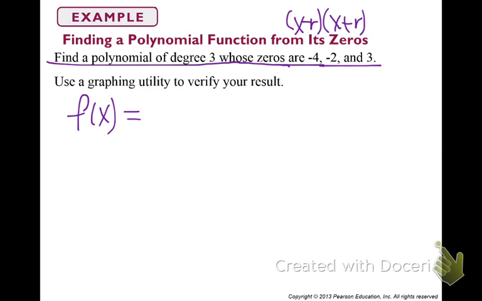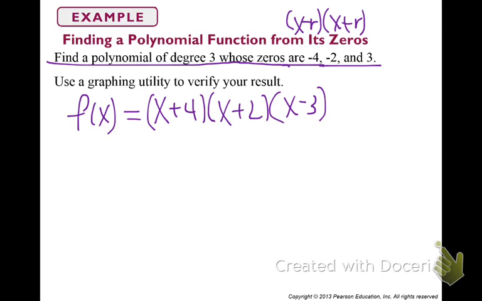So if we have a zero that's negative 4 inside our binomial, we're going to have x what? Plus 4. If our zero is negative 2 inside our binomial, it's x plus 2. And our last one, our third zero here, the 3 inside the polynomial, is what? Negative 3.